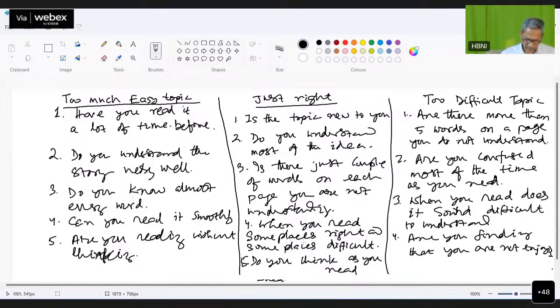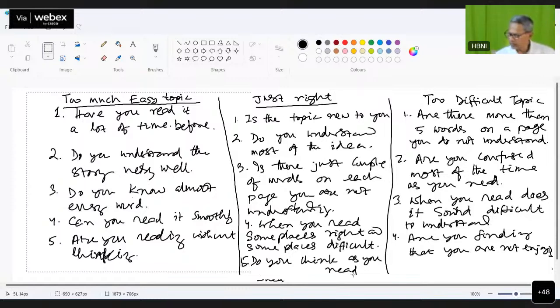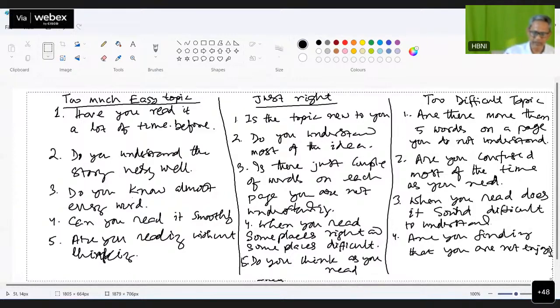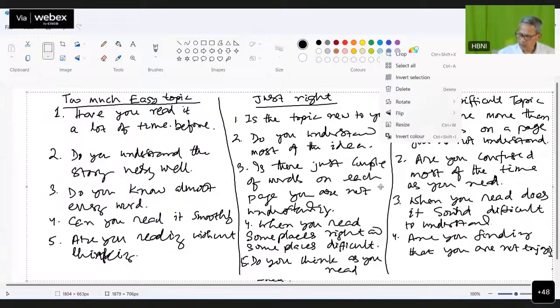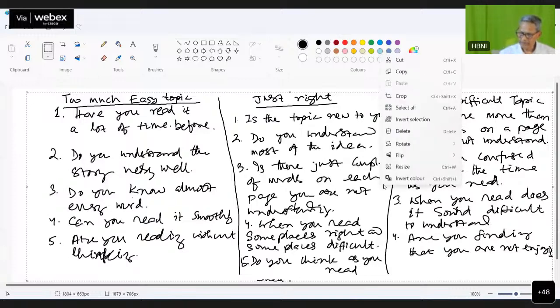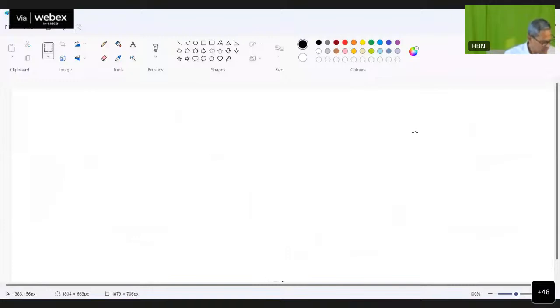So this is what is known as the Goldilocks test. You can do this Goldilocks test to find out whether your research topic is just right for you. It is not too difficult, nor is it too easy.